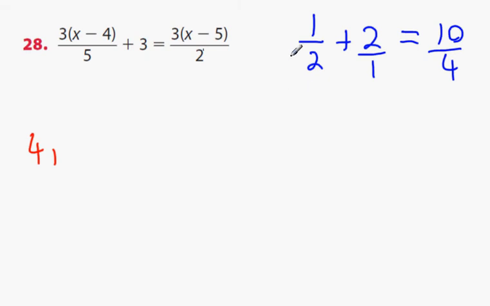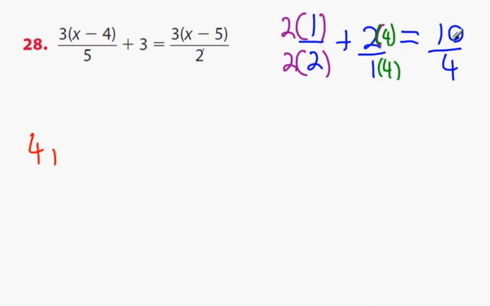So what do I do with the 2? How do I turn that into quarters? Multiply by 2. And I have to do it on the top as well, don't I? Yeah. And what about the next one? How do I turn 1 into quarters? Multiply by 4.